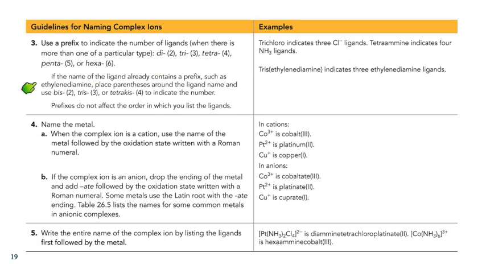What if the name of the ligand already has a prefix? Like ethylene diamine has the di in it. So then what we're going to do is we're going to put parentheses around that name, ethylene diamine, and we're going to use a different set of prefixes to identify how many. So this is where we have bis, tris, and tetrakis to indicate the numbers.